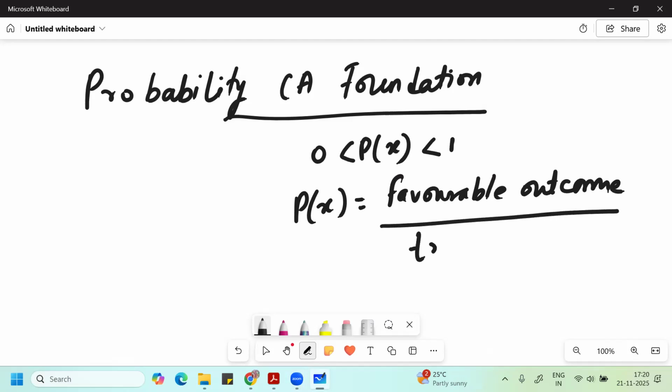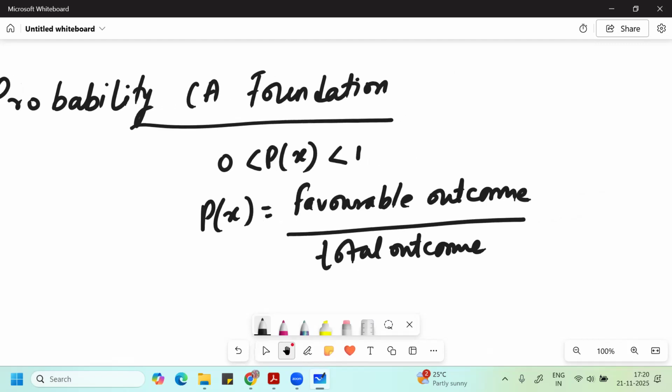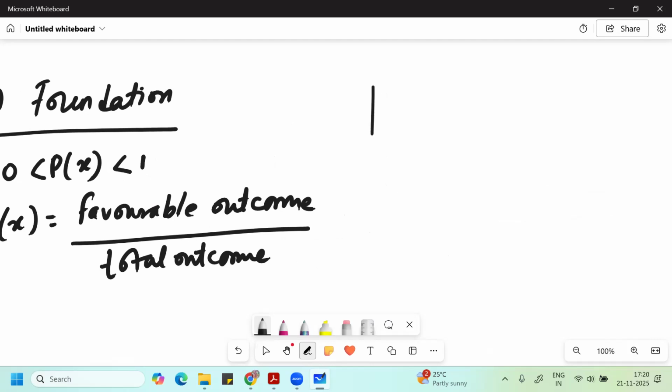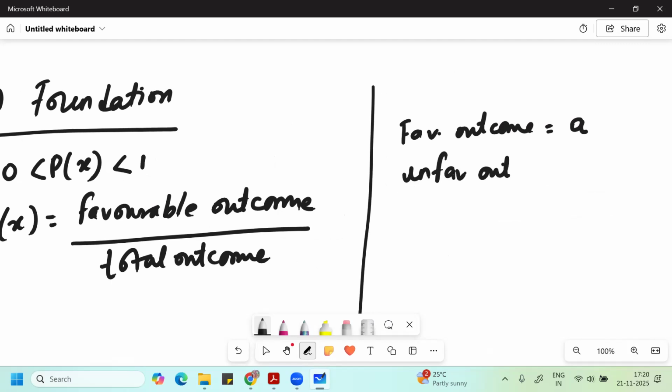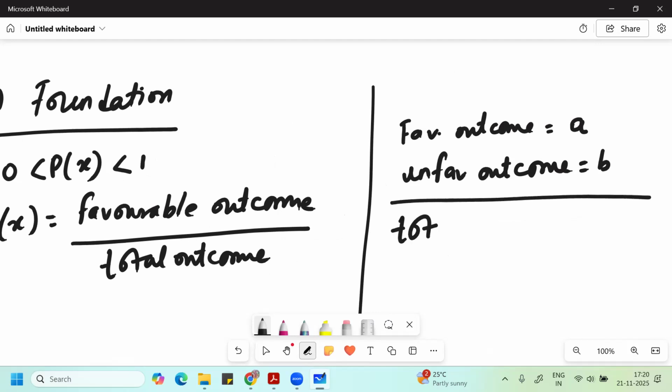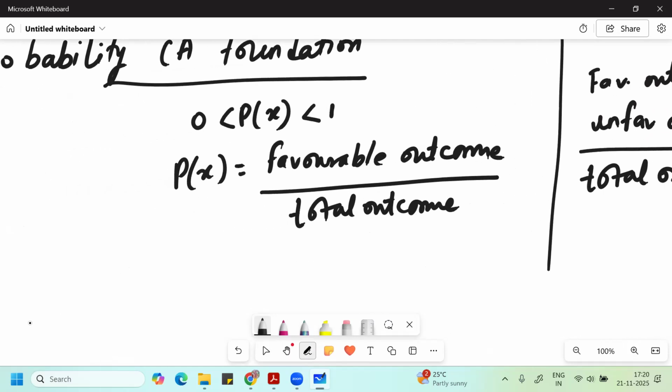If I represent the favorable outcome with the term A, and I represent the unfavorable outcome with the term B, then your total outcome would be equal to A plus B. And then the formula of probability would be A divided by A plus B. This is the formula of probability.